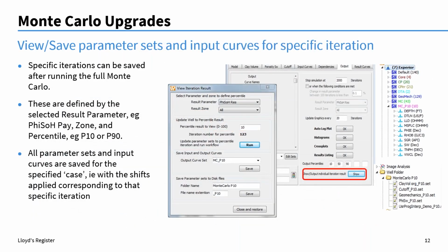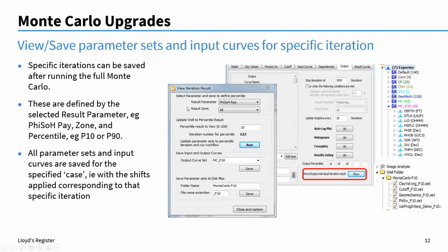You can also now save a specific case, a specific iteration. You might have run 2,000 iterations of Monte Carlo, and then we get the final results where you've got your P10, P50, P90, hydrocarbon pore feet, for example. You can now go in and say, no, but I want to see the specific case that gives me the 10th percentile of.